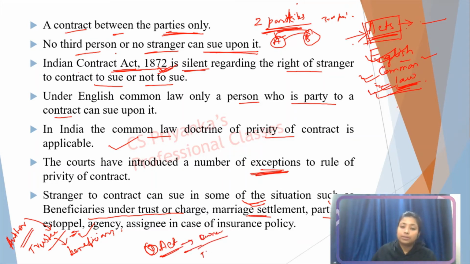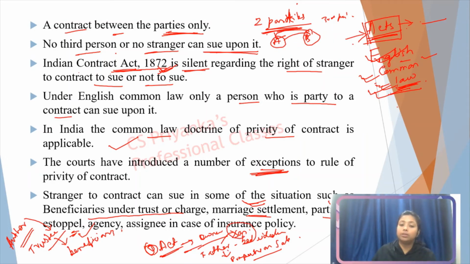The father is bedridden and his property is up for sale. The father wants to sell his property, so he authorizes his son to sell it. The father cannot move here and there or deal with customers, but the son is doing all the acts on behalf of the father for selling the property, though the son is not the owner. So in that case, with the consent of the actual owner, the son is acting as an owner. That is known as estoppel.